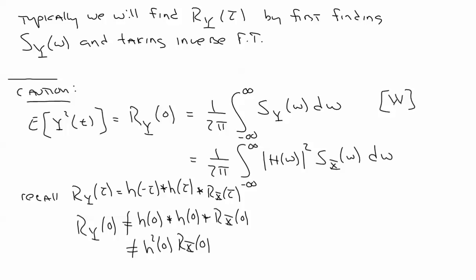You cannot convolve constants. All right? When I plug 0 in for tau, I get a value, I get a number, I get a constant. Likewise, I get a constant here, I get a constant there. You can't convolve constants. The convolution step must come first.